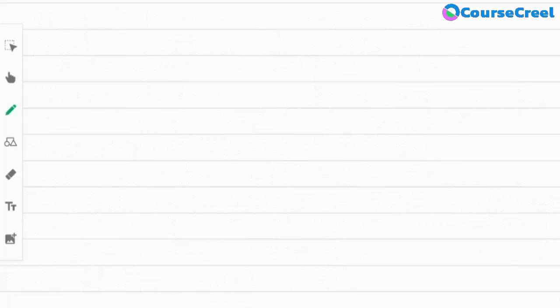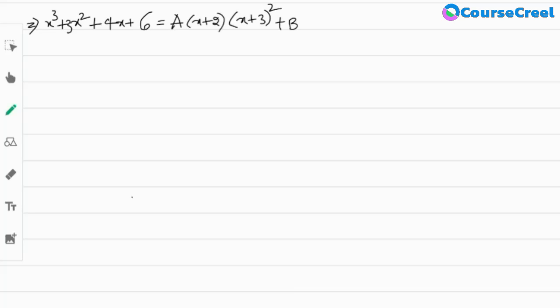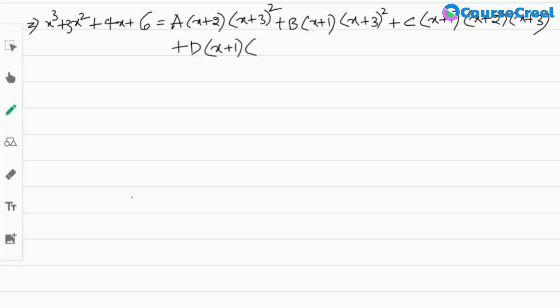So, firstly we will expand that expression. x³ + 3x² + 4x + 6 is equal to A into (x + 2) into (x + 3)² plus B into (x + 1) into (x + 3)² plus C into (x + 1) into (x + 2) into (x + 3) plus D into (x + 1) into (x + 2).